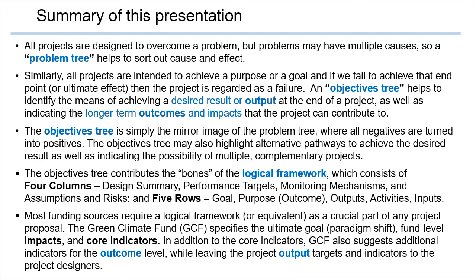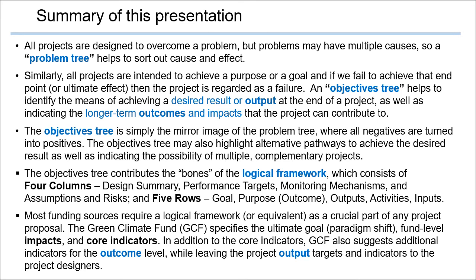The objectives tree contributes the bones of the logical framework, which consists of 4 columns, a design summary, performance targets, monitoring mechanisms, and assumptions and risks, and 5 rows, goal, purpose, outputs, activities, and inputs, giving a total of 20 elements that need to be filled in.